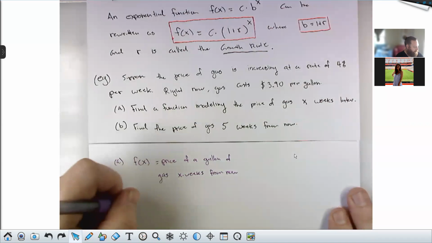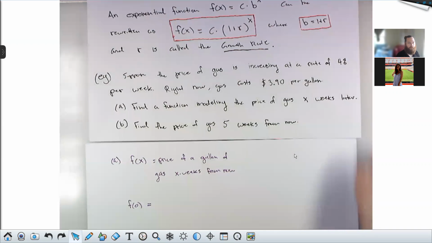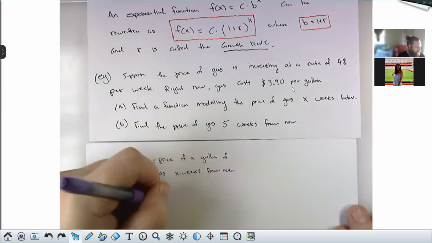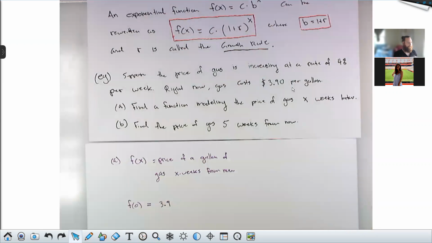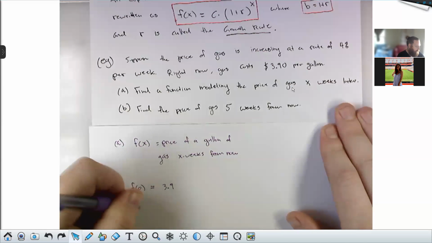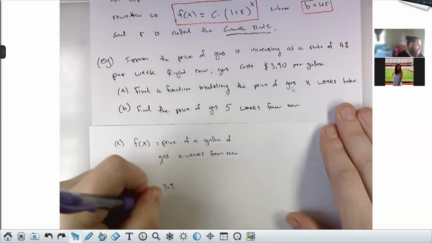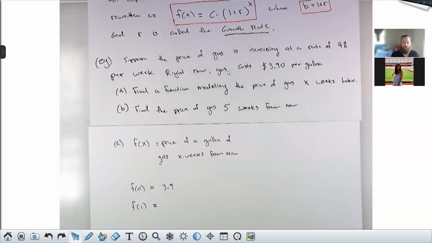I could say for sure what f of 0 is, because the problem told me what gas costs right now. Right now, gas costs $3.90, so this would be 3.9. Think about the rabbits. Remember the problem we did with the rabbits? I'm doing the same sort of thing here to help us see where this formula is coming from. I'll show you how you would solve this quickly just using the formula, but this is mostly to help you see where the formula is coming from.